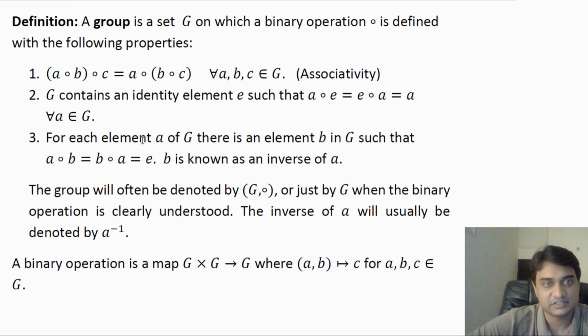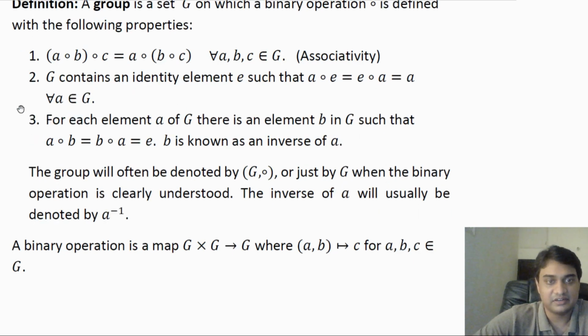G contains an identity element, which means an element which, multiplied on the right or on the left of any element of G, will give the same element of G. So if A is an element of G, then A times E equals E times A equals A, right? So such an identity element in G exists.